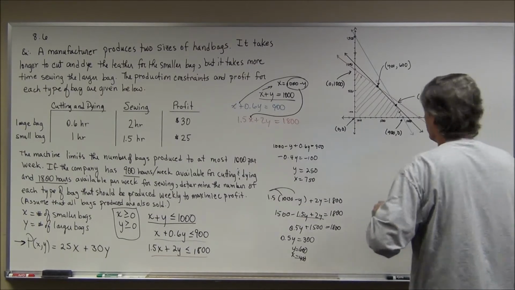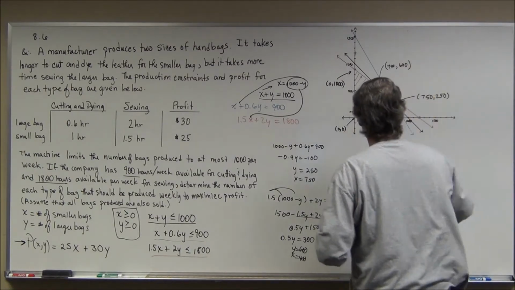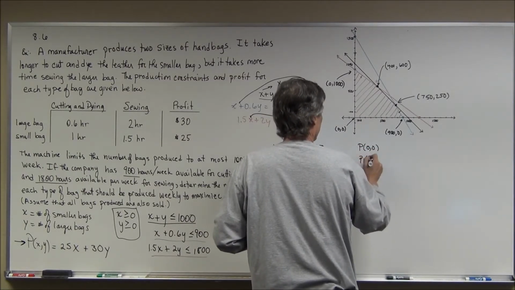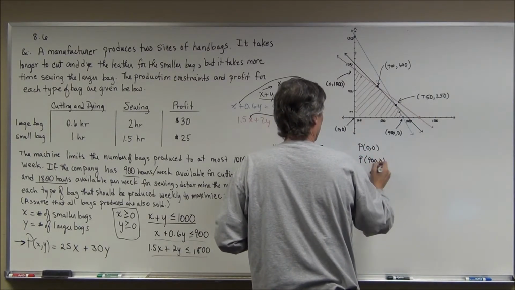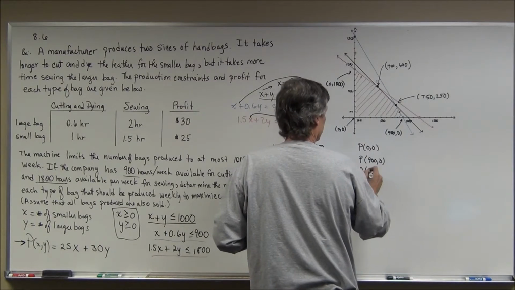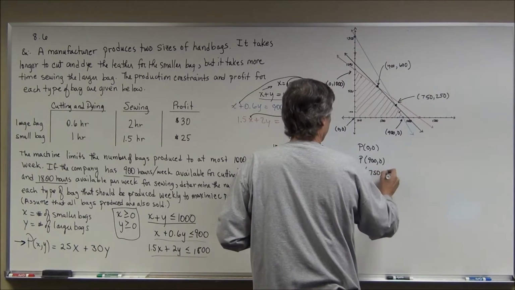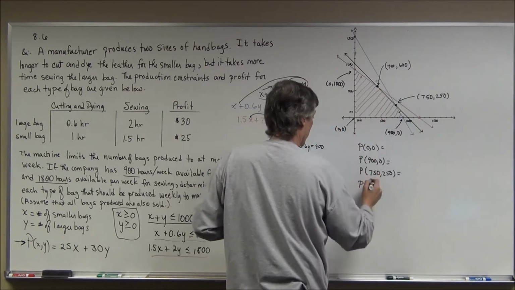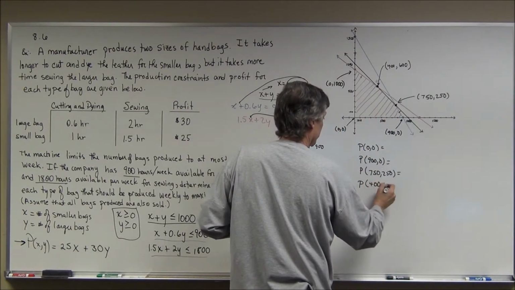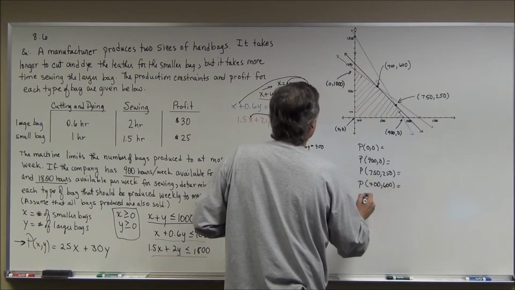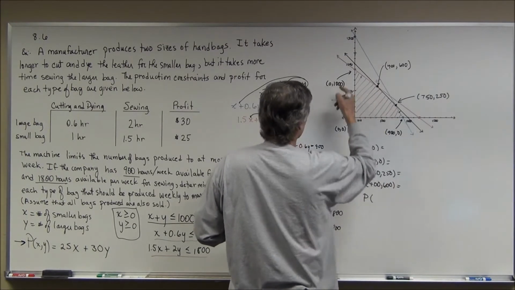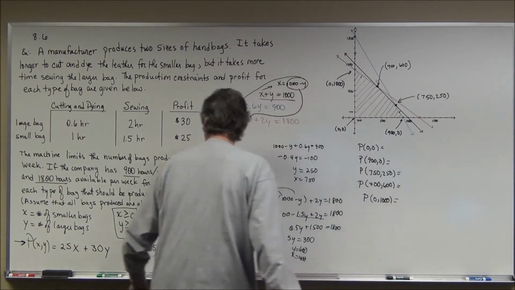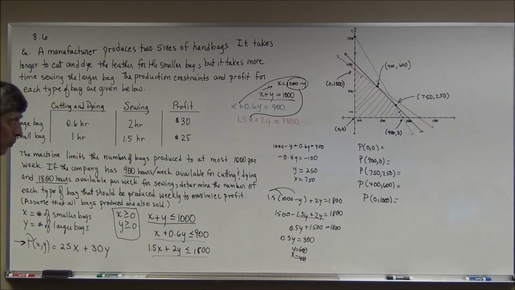I'm going to find P of 0, 0, P of 900, 0, P of 750, 250, P of 400, 600, and P of 0, 1000. So I'm plugging them into here, 25x plus 30y.